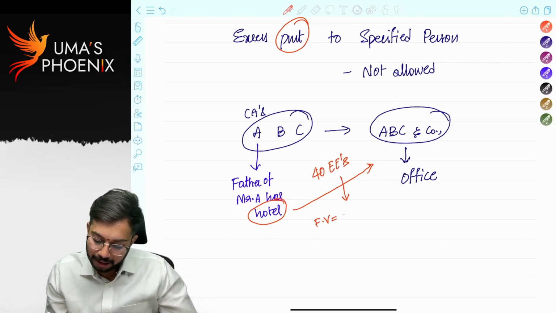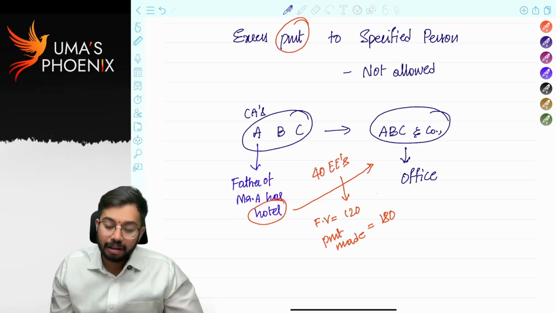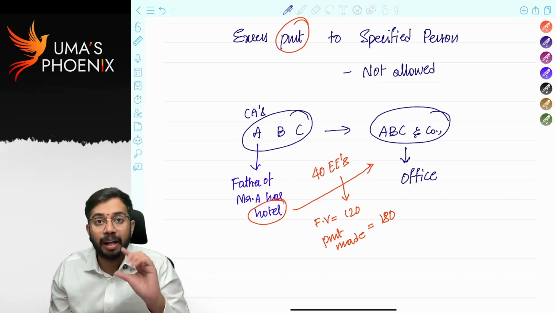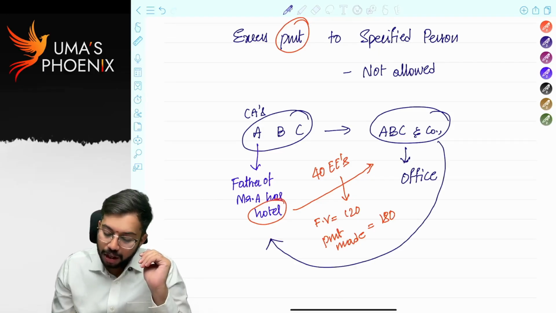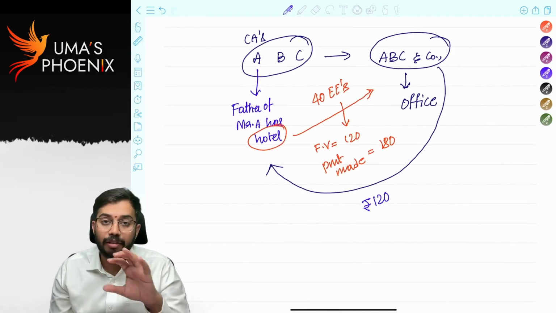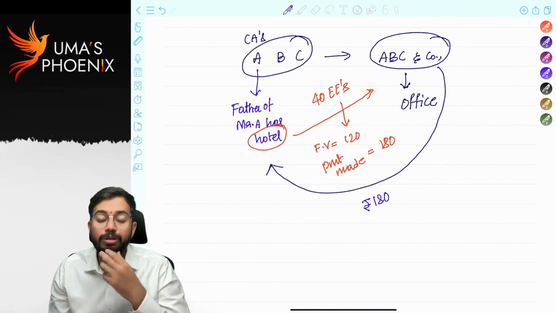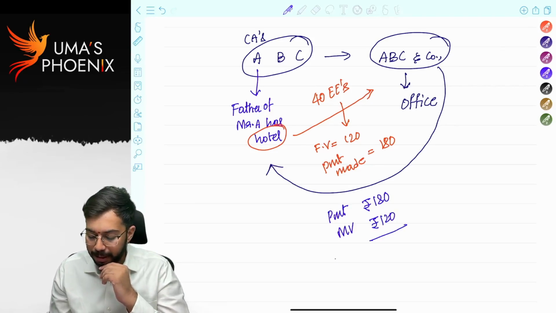Fair value of the meal is 120 rupees. But payment made by ABC and Co is 180 rupees. Obviously, father of Mr. A is a relative to ABC and Co. Father of Mr. A is a specified person to ABC and Co. Now ABC and Co. every day is paying 180 rupees to Father A's hotel. This is payment made. However, market value is only 120. How much excess payment was made?